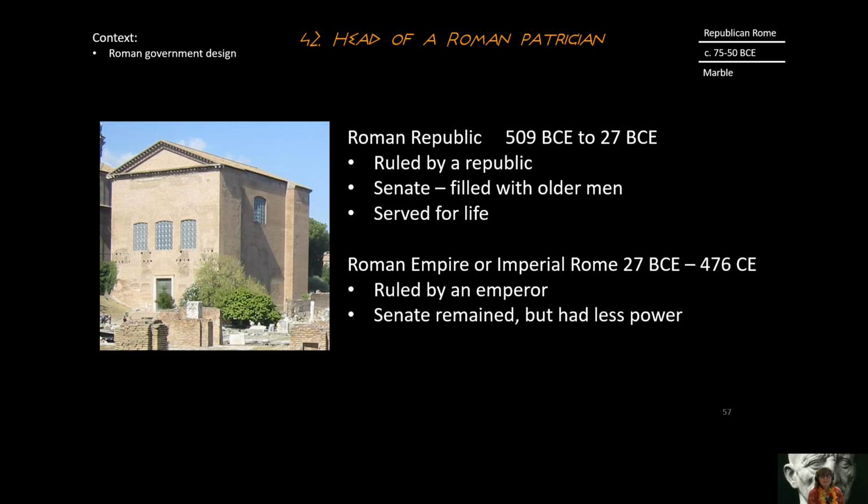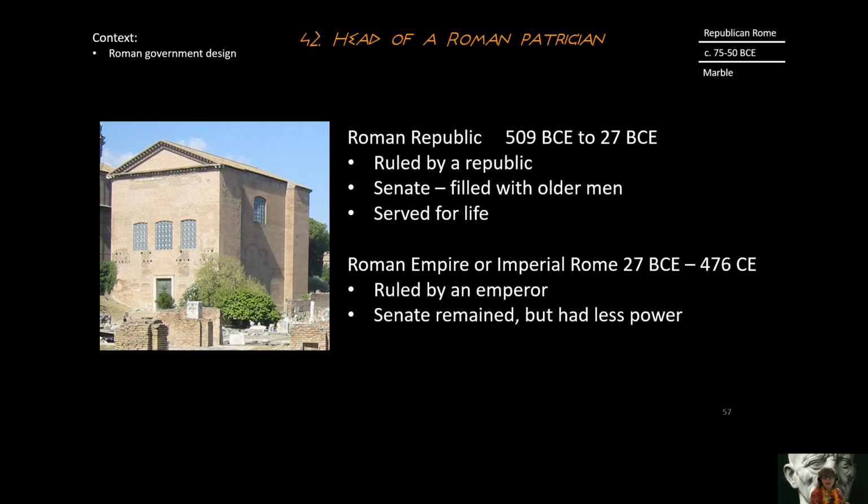Well, in 27 BCE, Rome flips a switch and they decide, hey, we're an empire now and we want to be ruled by a Caesar, by one person who's got a ton of power. And they were that way for nearly 500 years.